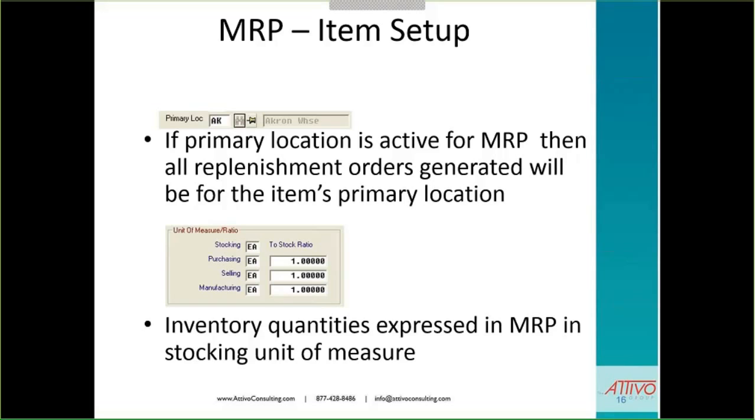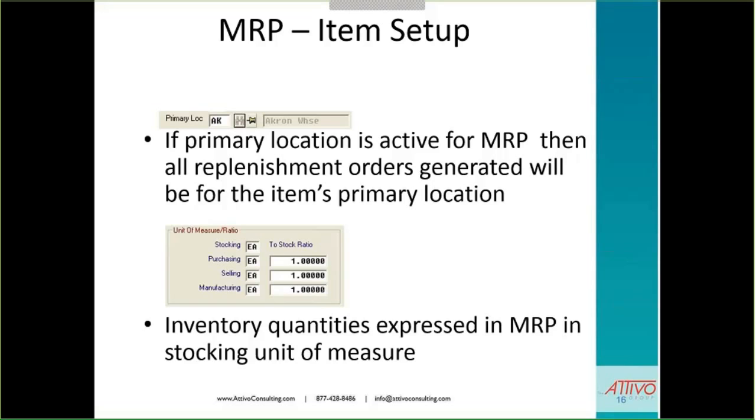So for example, if there are 3 warehouses, including the default warehouse, that are creating demand against an item, MRP will summarize the demand and then recommend a single replenishment order for the default warehouse. So it won't create 3 separate orders for the 3 locations for the right quantities. It's going to create a single demand replenishment order in the default location.